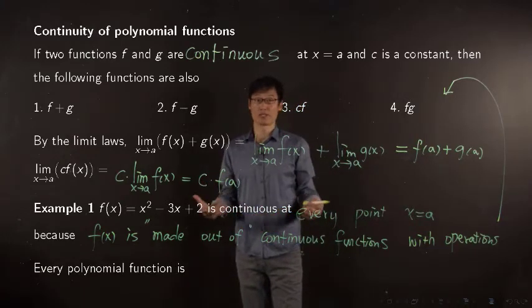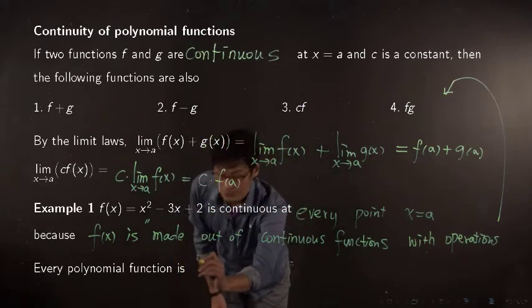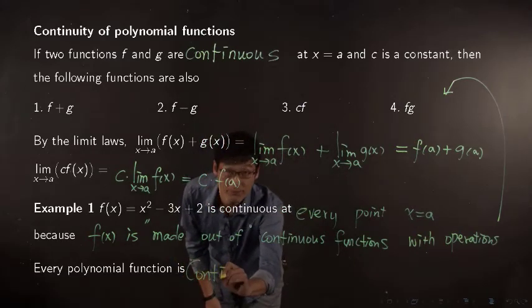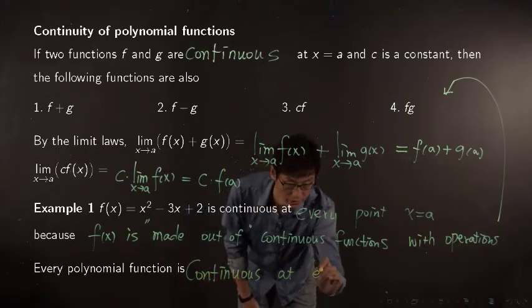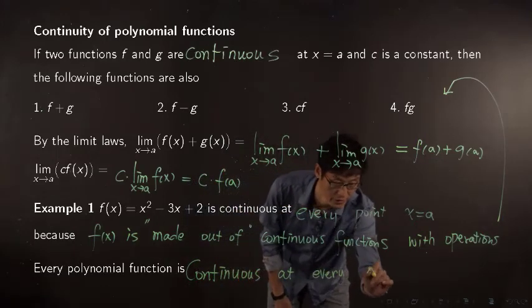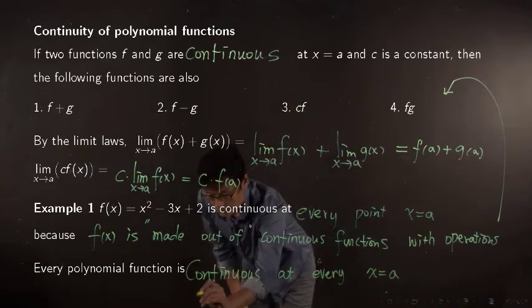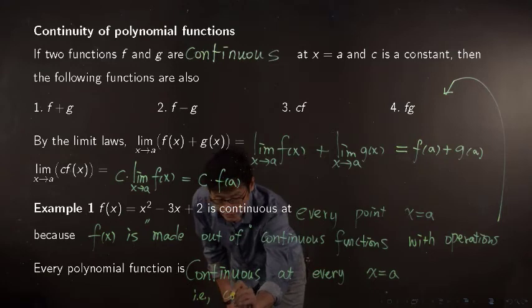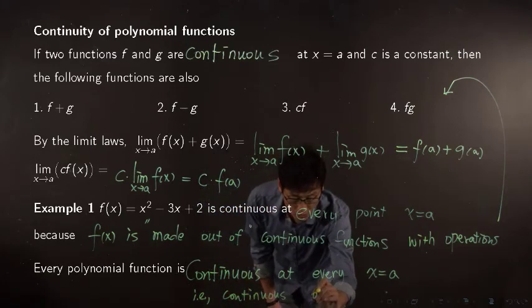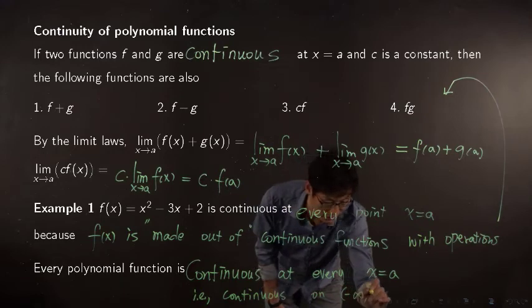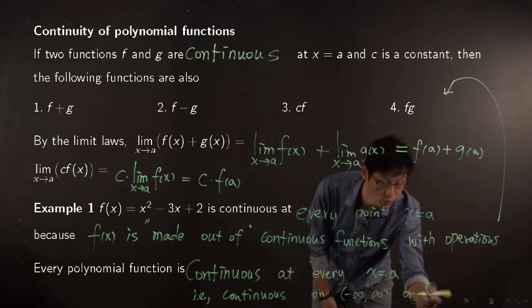So this explains every polynomial function is continuous at every x, or continuous on interval from negative infinity to infinity, or the set of all real numbers.